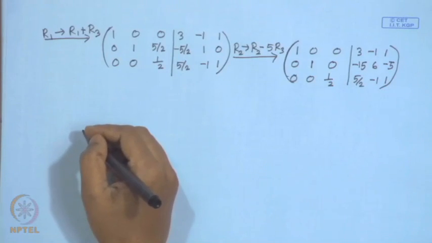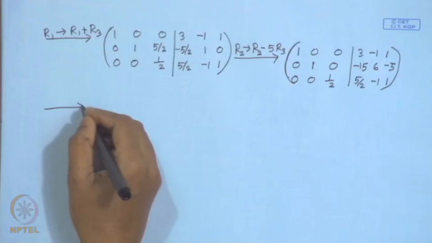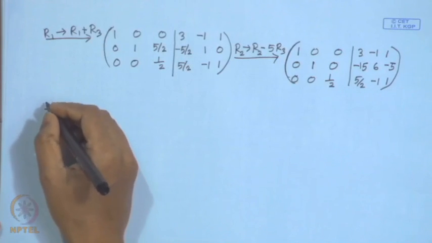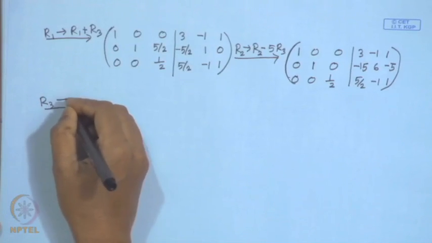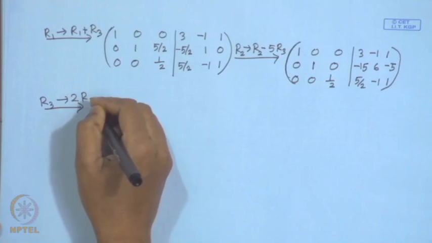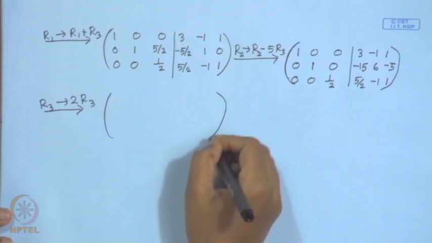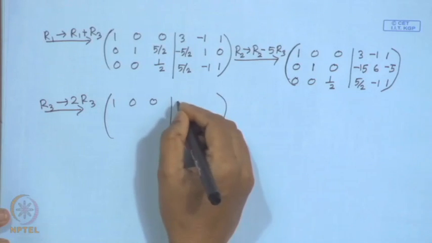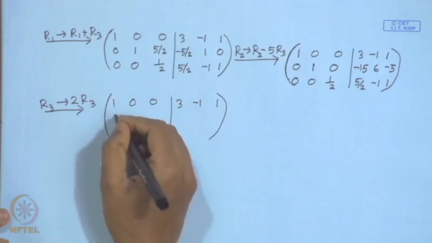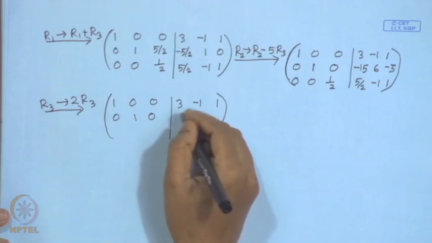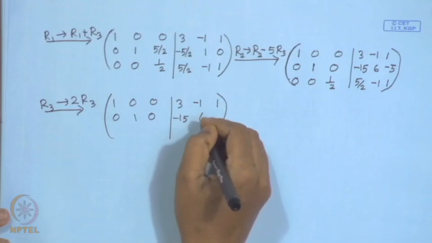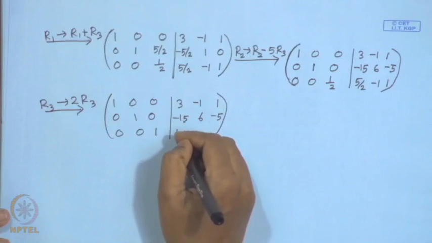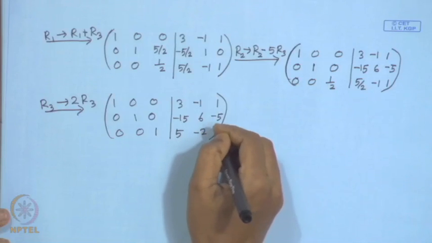So, finally, we multiply this row 3 by 2. So, row 3 we replace by twice row 3 and get this matrix: 1 0 0 3 minus 1 1, 0 1 0 minus 15 6 minus 5, 0 0 1 and 5 minus 2 2.